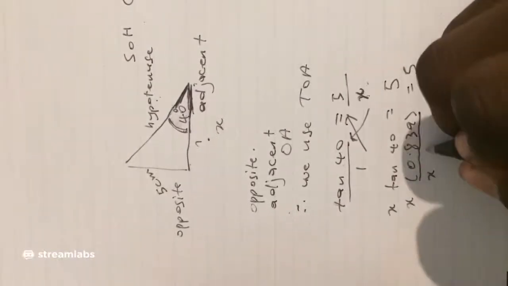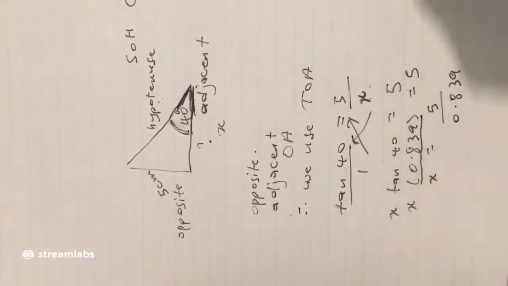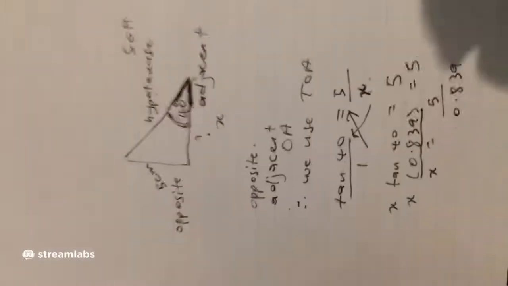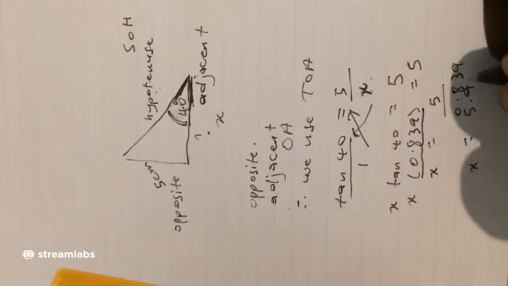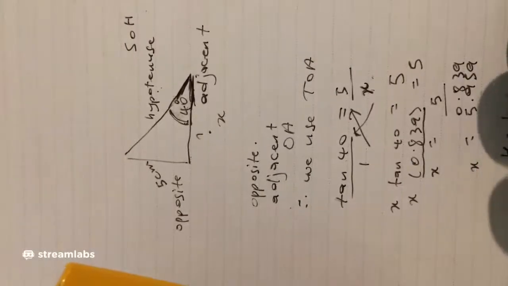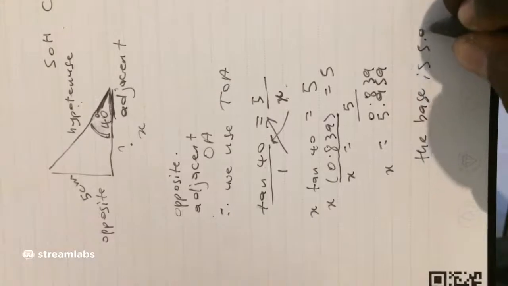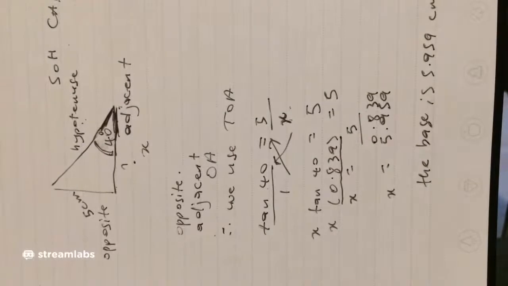So x is equal to 5 divided by 0.839. Therefore, x is equal to 5.959. So the base is 5.959 centimeters. And that's how we calculate it.